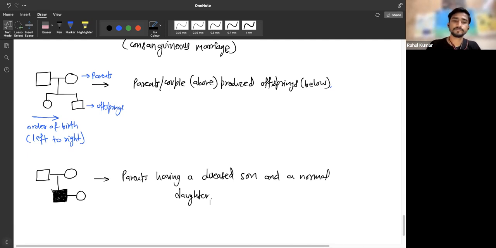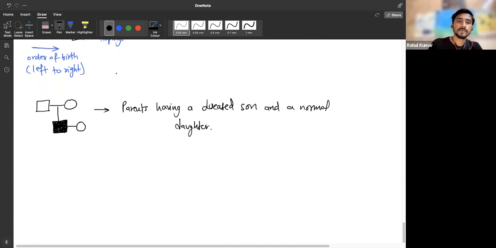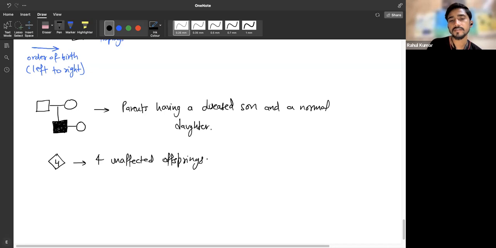Okay, everyone. Sometimes there is one more notation that is used, which is a number. So if they make it like this and number it, let's say 4, what does this mean? This simply means 4 unaffected offspring, because the sex is not specified. It is not used much. Can you see? Yes.